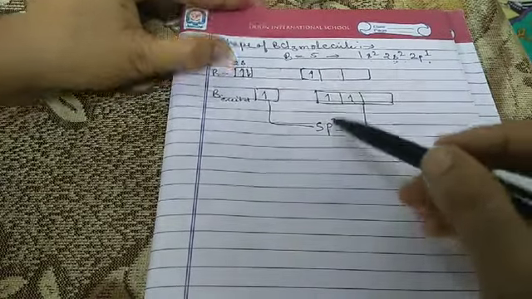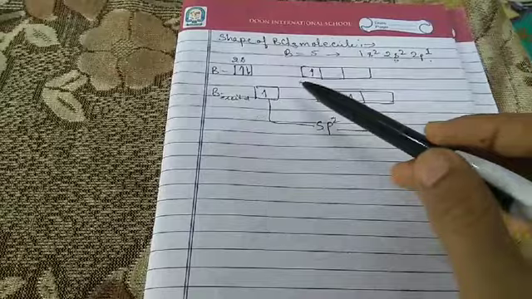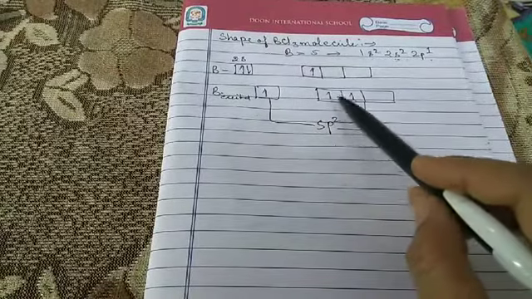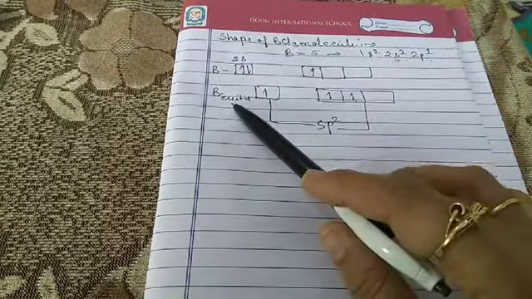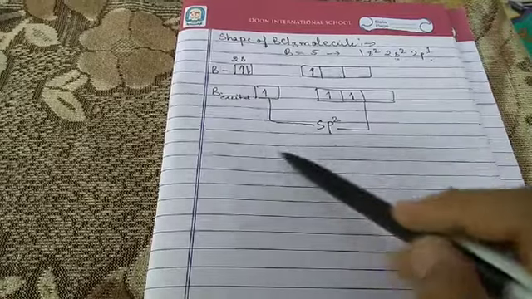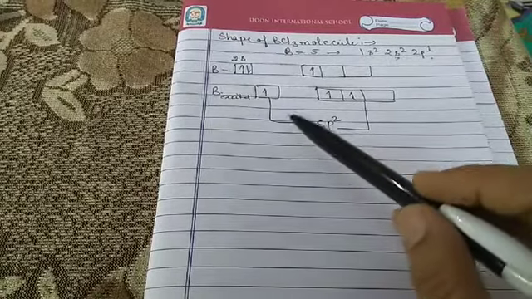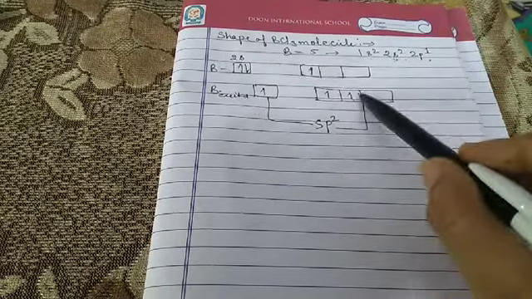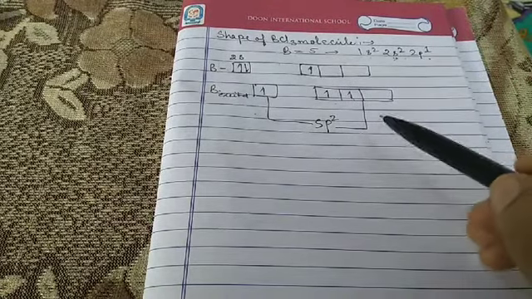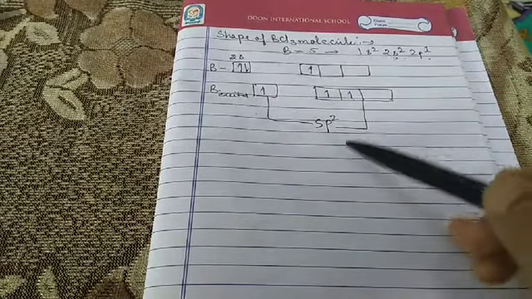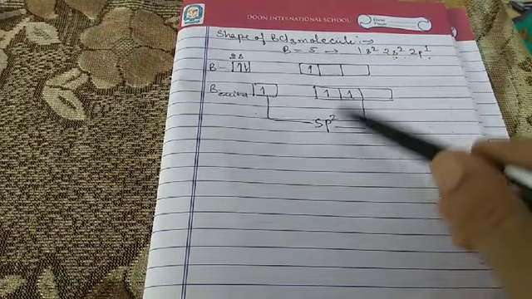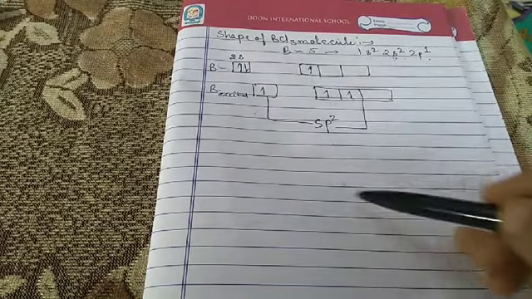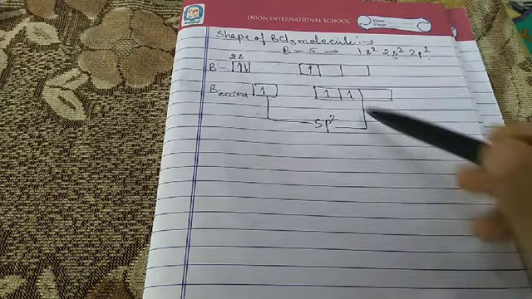So 1s and 2p orbitals hybridize to form 3 sp2 hybrid orbitals. Why 3? Because 1 plus 1 plus 1 is 3. These 3 hybrid orbitals are oriented in a trigonal planar arrangement.